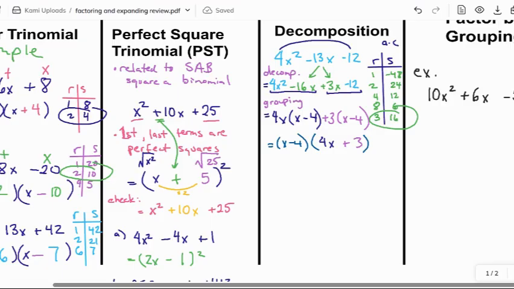Factor out the common factor. What am I left with? 5x plus 3.